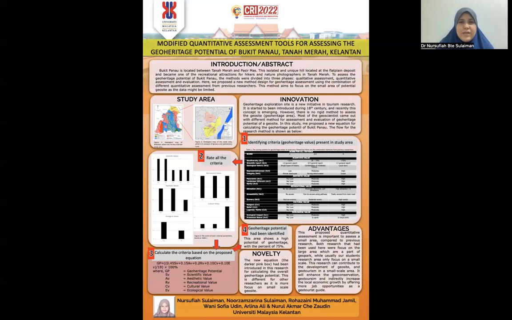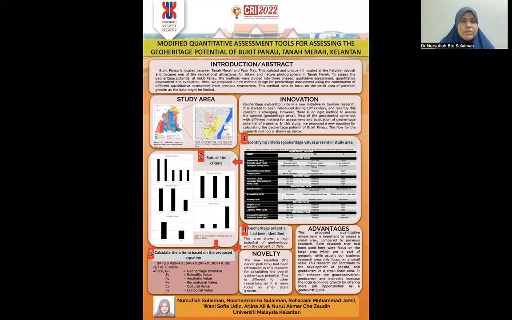And today for the CRI, we want to focus on only one, the quantitative assessment, where we want to propose a new equation method or a new innovation for assessing the geoheritage potential in small scale area. Okay, if you can see in the slide, there's a word like geosite.